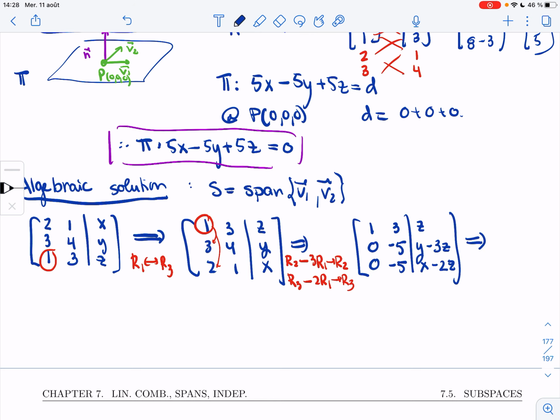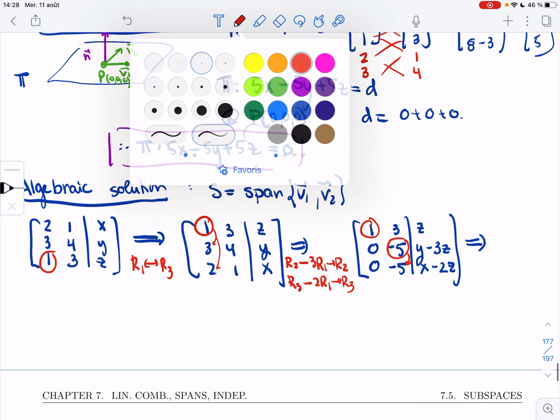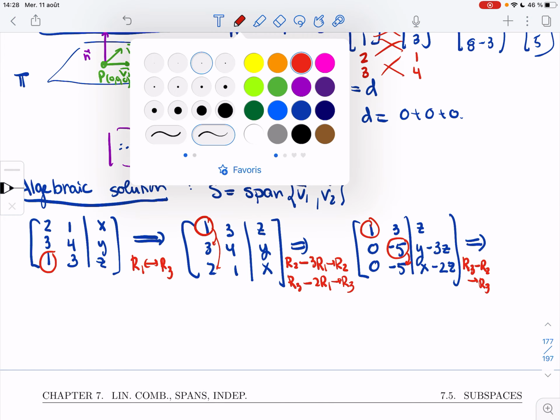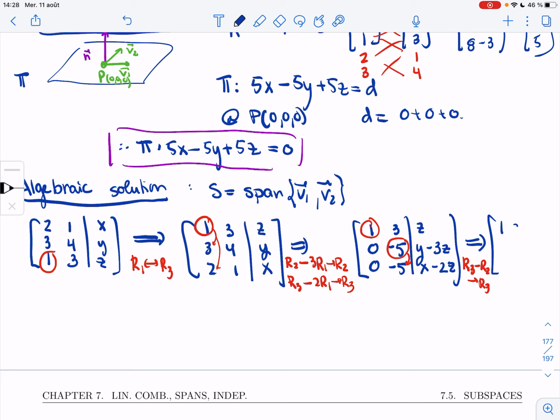And then finally, I have my leading one, this is clean, I'm going to use it. I don't need to clean up the 3, it's going to be messy anyways if I do, so I'm not going to bother. I'm just going to clean up the 5, row 3 minus row 2 into row 3, and I will get 1, 3, z, 0, minus 5, y minus 3z, 0, 0.